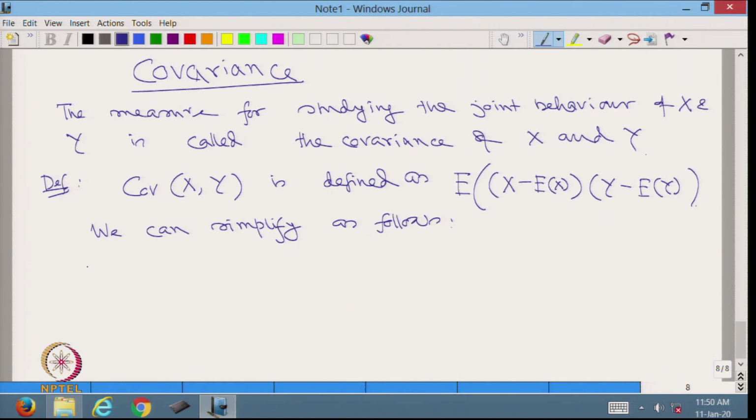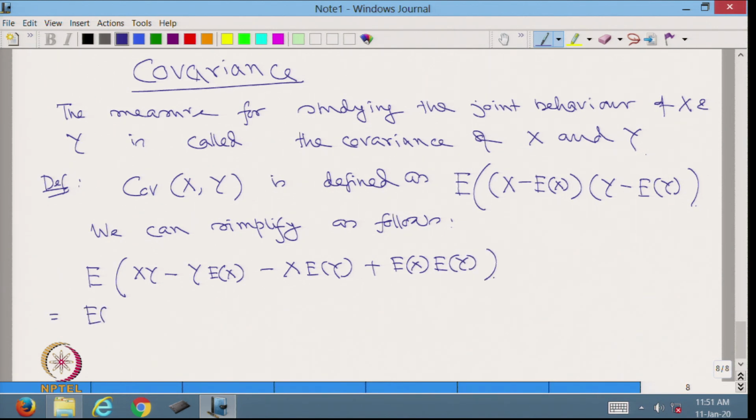This is equal to expected value of XY minus Y times expected value of X minus X times expected value of Y plus expected value of X expected value of Y, which is equal to expected value of XY minus expected value of X, which is a constant.